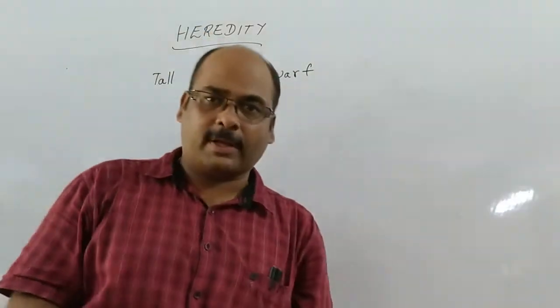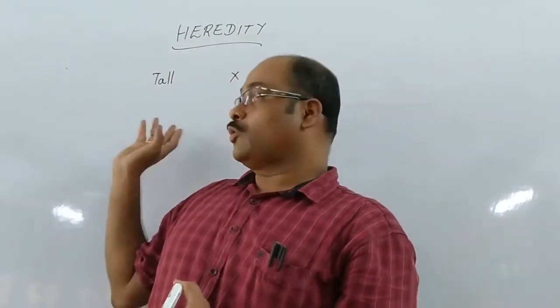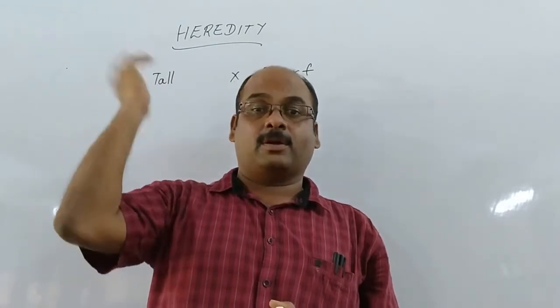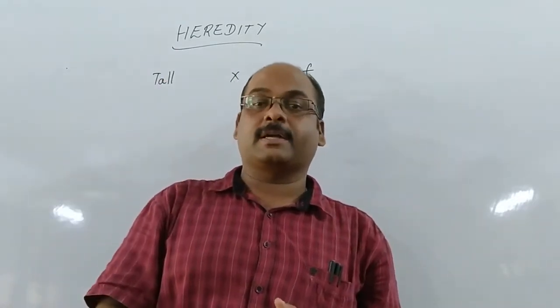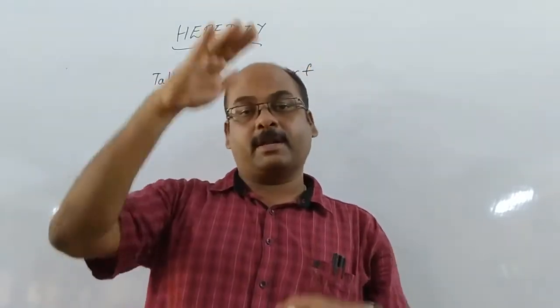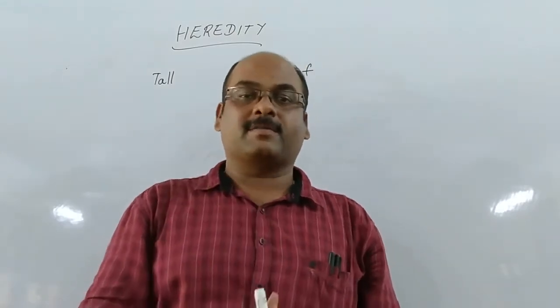So what are this tall and dwarf? Height is the character, and tall means it is the highest degree of this height character. Dwarf is the lowest degree of this height character. So tall and dwarf are nothing but the different degrees of that character, and we call it a trait. T-R-A-I-T, trait.